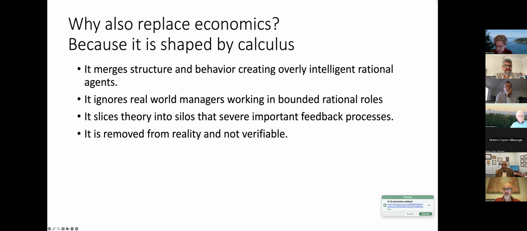It also sliced theory into silos that severed important feedback processes between microstructure and macro behavior. My colleague Mike Radzicki pointed out in his 1990 article on methodology for economics, the article had a Latin name, by the way, why some of the practitioners may not connect with SD as the methodology they have used has shaped the theories that they have created.